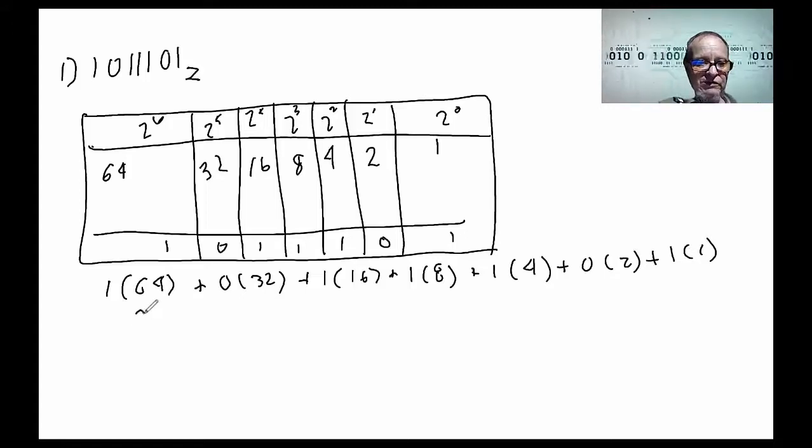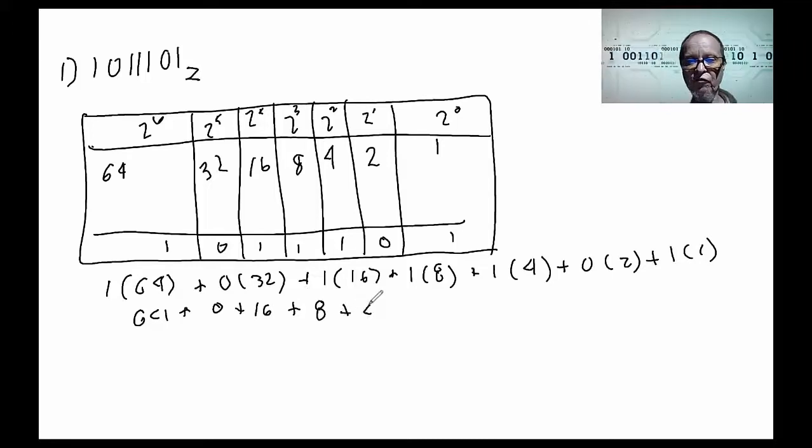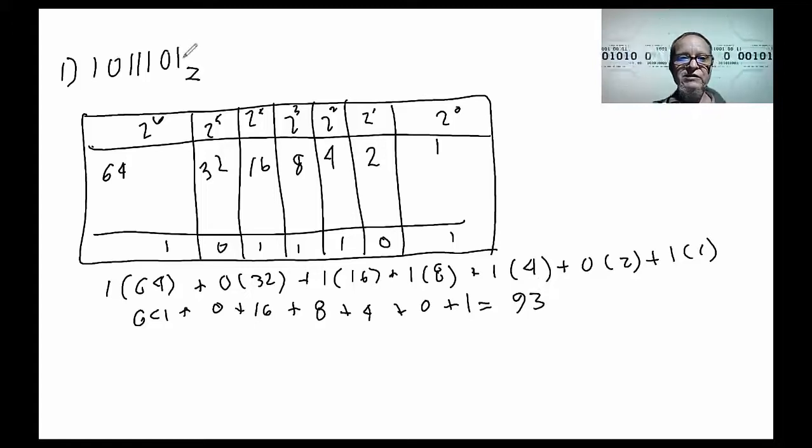So here we get 64 plus 0 plus 16 plus 8 plus 4 plus 0 plus 1. And we add all of that up and we get 93. So all of these zeros and ones mean 93 in our base system, which is base 10.